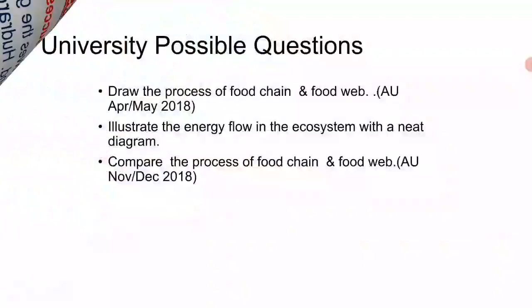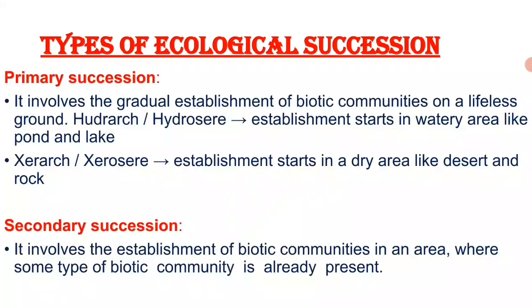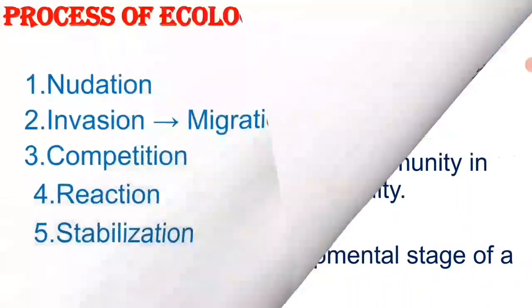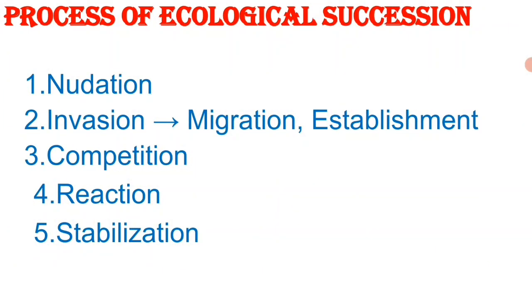There are various processes in ecological succession. They are nudation, invasion, competition, reaction, and stabilization. Let us see them one by one. Nudation is nothing but the development of a bare area without any life form.